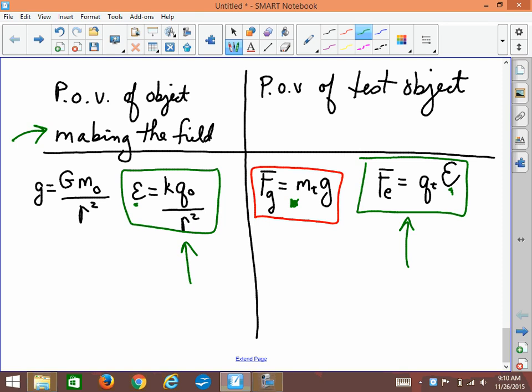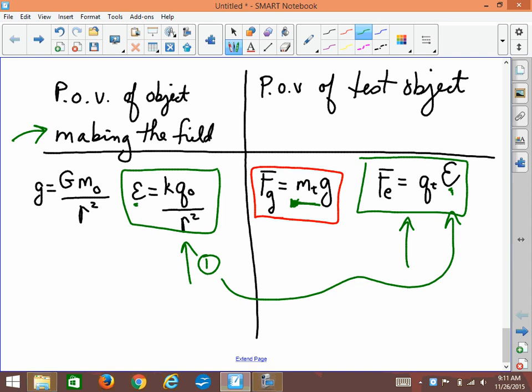You'll get a question, and you'll have to first figure out the field strength because there's no magic 9.8 number. So you can't just pick a number. You have to first figure it out, and then you would use it over here, and then you could figure out the force. So with electricity, we often use these two hand in hand, whereas with gravity, we have the shortcut that we use. And that's really the basic difference between them.